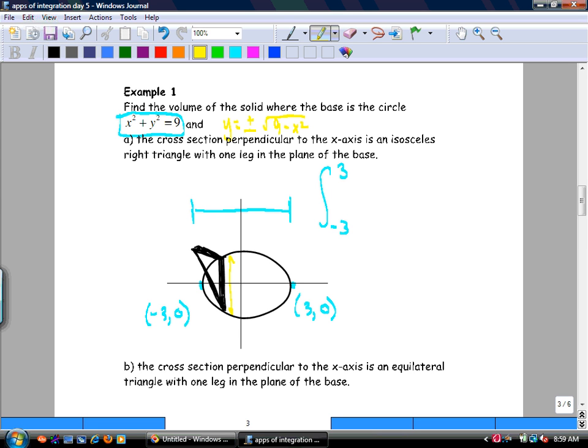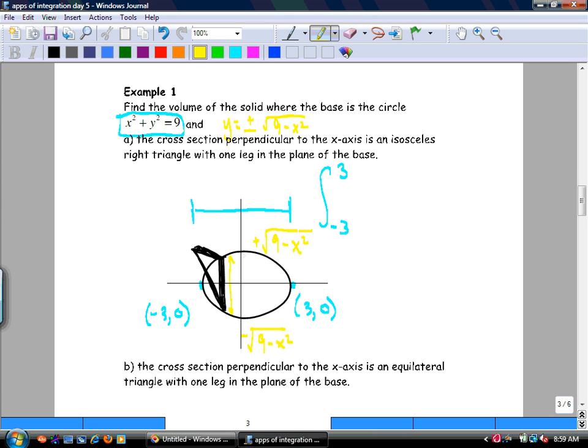What's the top function's equation? What's the bottom function's equation? Exactly. So how are we going to find that yellow distance? How do you find that distance between the two arrows? F of x minus g of x.